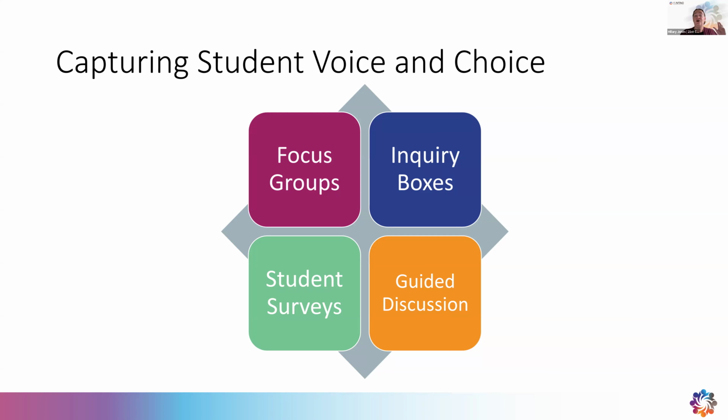And so ideally, if you have this inquiry box, facilitators review the inquiry boxes on some kind of regularly scheduled basis that you put into, here's our plan, here's our policy around this. And then you use the data to guide your content, your topic selection, because the worst thing we can do, right, is gather all this information about student voice and choice and then not apply it. Because then our youth are going to stop talking to us about it.